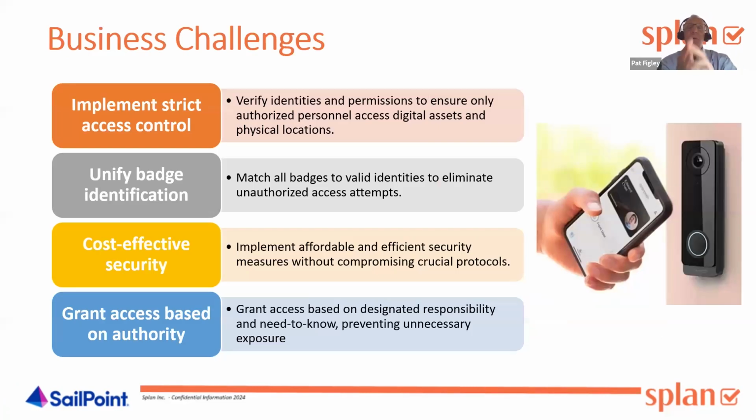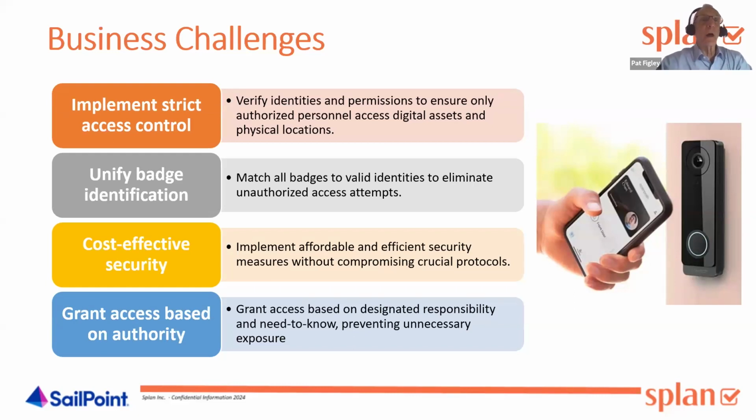So what are some of the business challenges with identity and access management? First of all, you want to make sure that the access somebody is given is what they should have. They shouldn't have access to things that they don't need. And that's across both logical and physical. The CFO should have access to the general ledger file, but an accounting clerk should not.